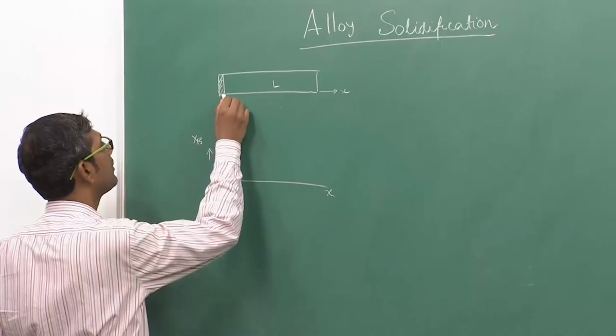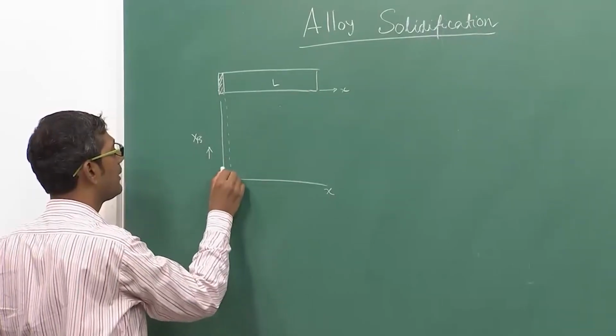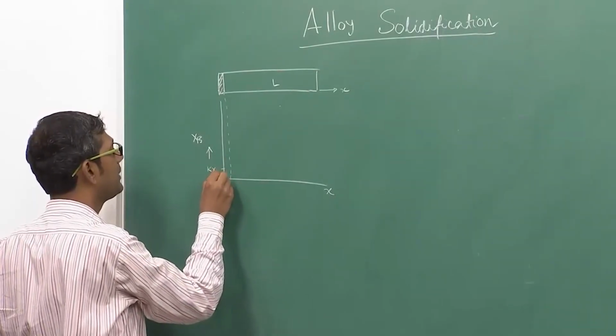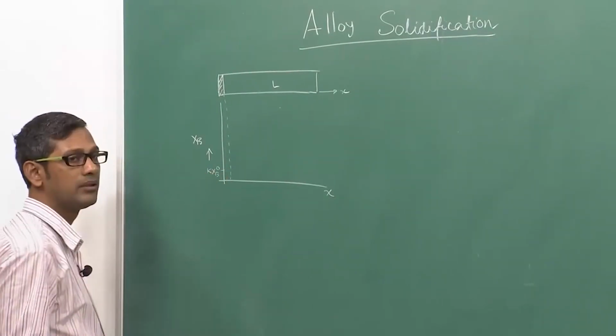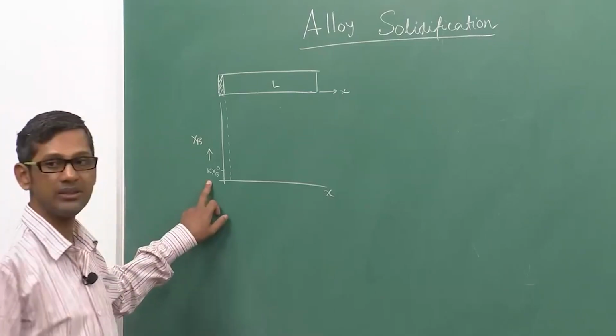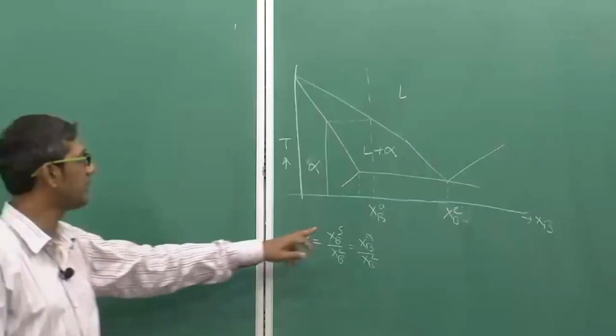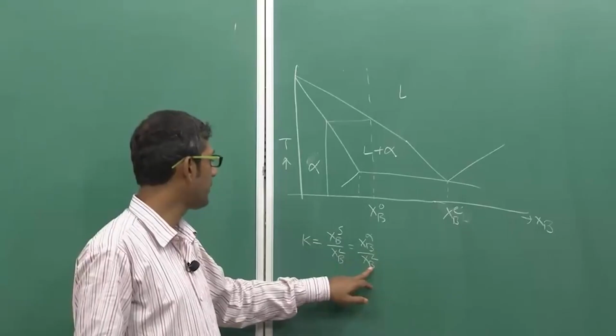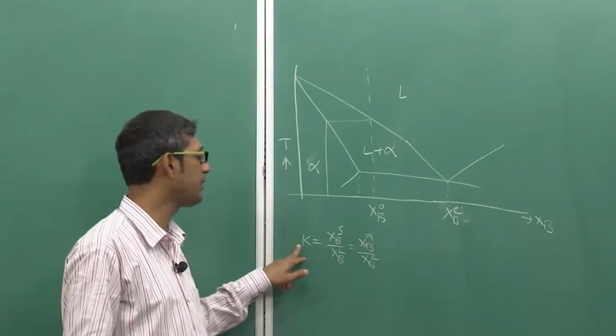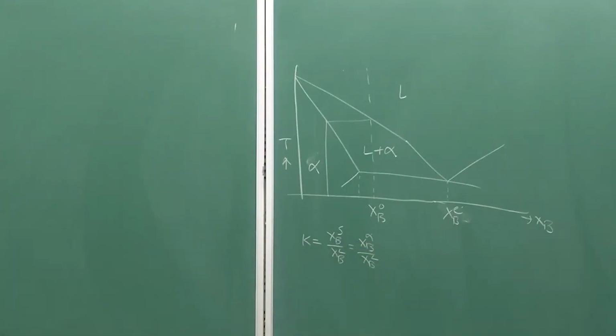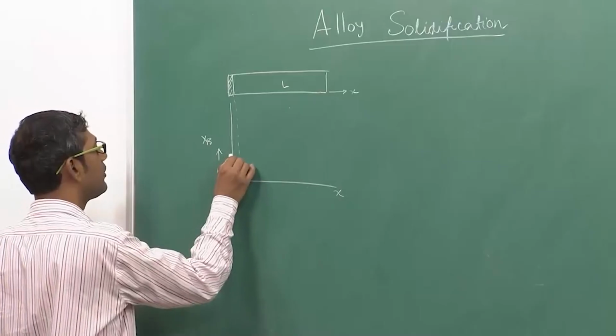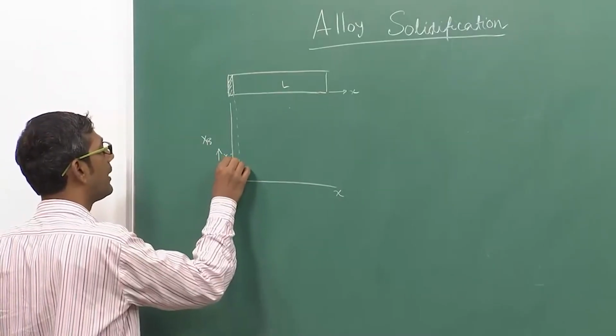So, if I draw this, this is KXB0, the solid composition. If XB0 is the liquid composition, then solid composition will be KXB0, and this is my XB0 point.